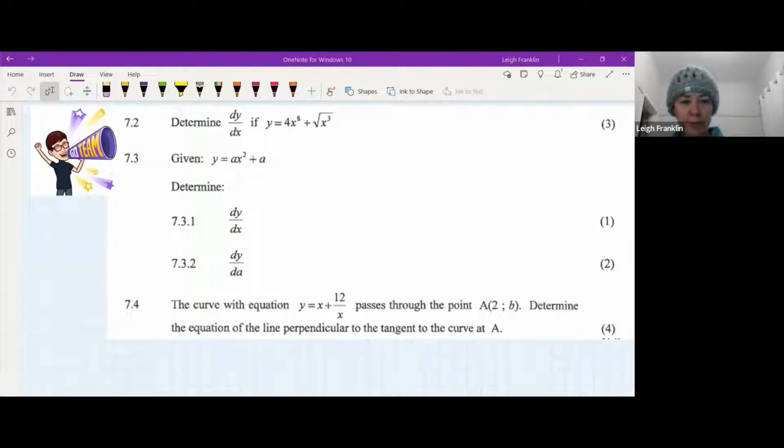Cool, Orotile, well done. You can start looking at question 7.4 in the meantime. Nice, Boshepo, lovely.